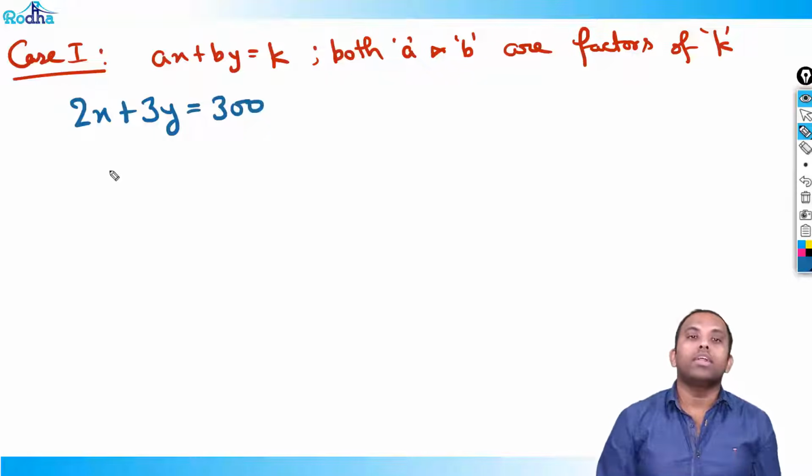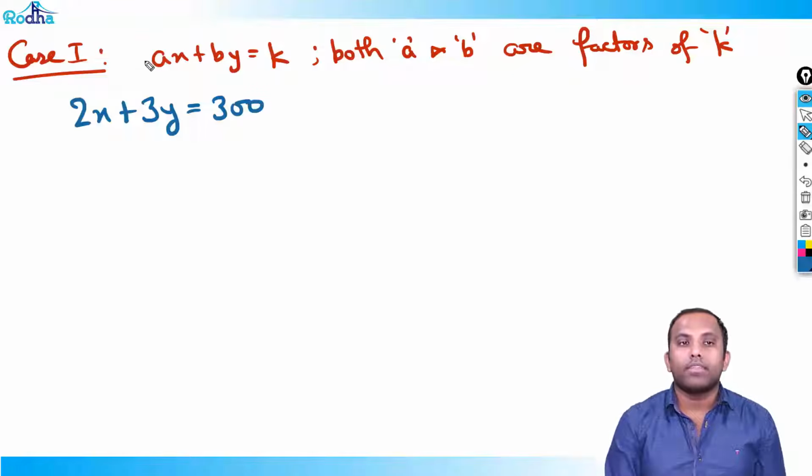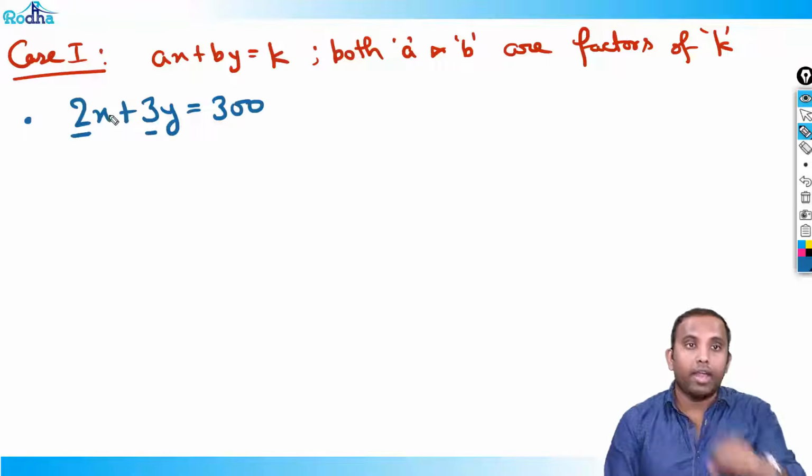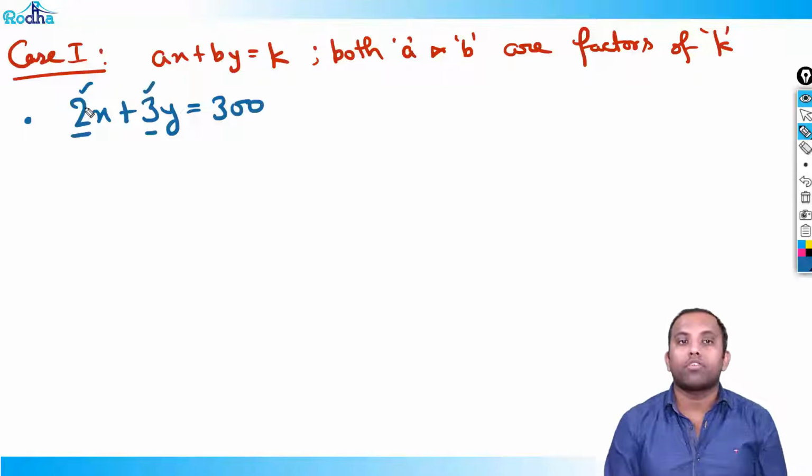You'll start solving and get the answer also, right? But it's very easy in this case. Ax plus by is equal to k, and both a and b are factors of k. So both 2 and 3 are factors of 300. So in this case, what is the number of solutions?